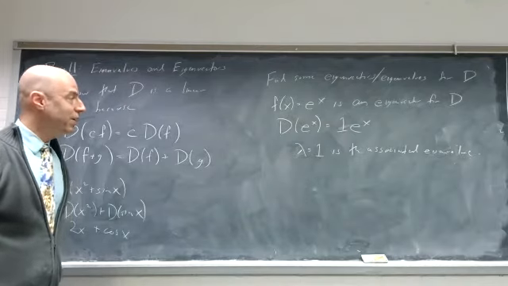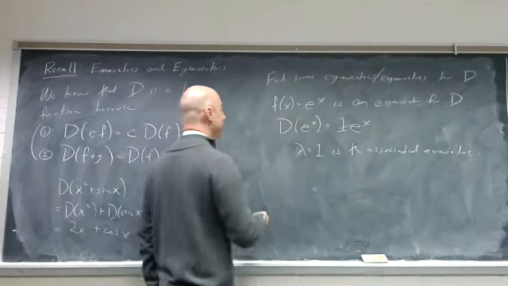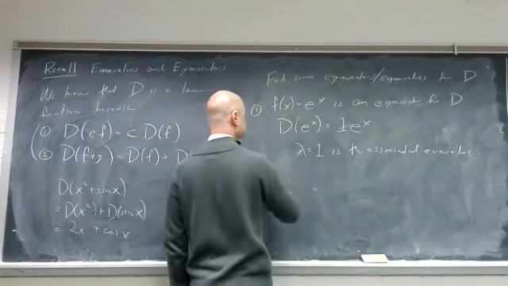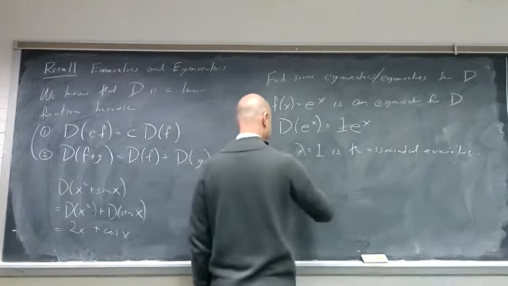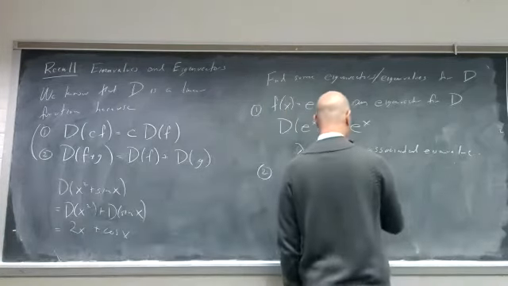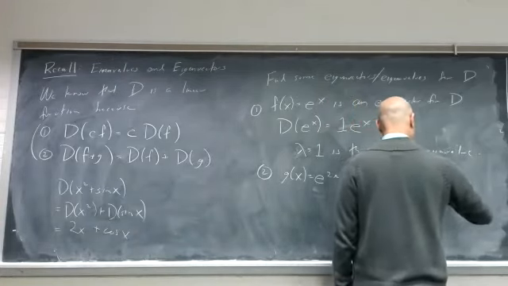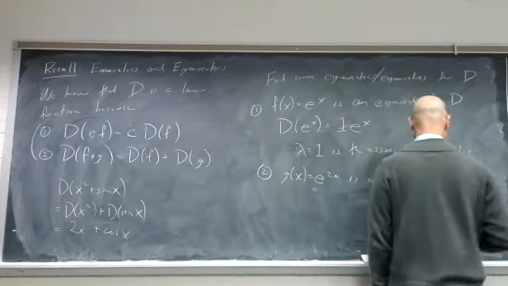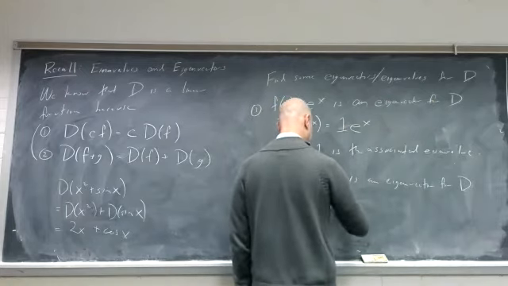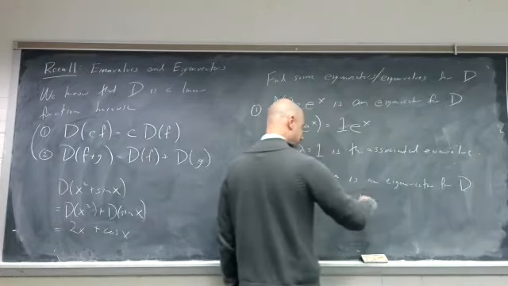Can you think of another one? e to the 2x. So this is also an eigenvector for D. The derivative of e to the 2x using the chain rule: derivative of e to the blah is e to the blah, and now we have to multiply by the derivative of blah.